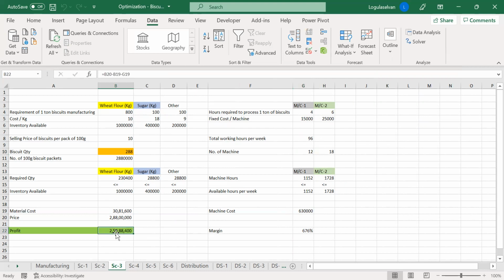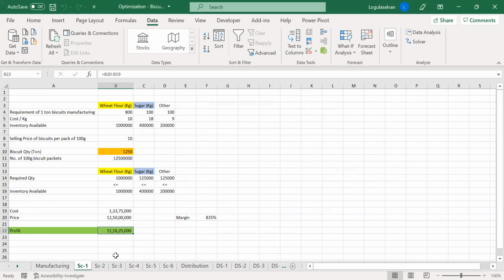We are not considering the capital expenses as a cost. Here we are only considering the material and processing cost related to the manufacturing of biscuit. So 2.5 crore, but the potential profit we showed earlier is around 11 crore.